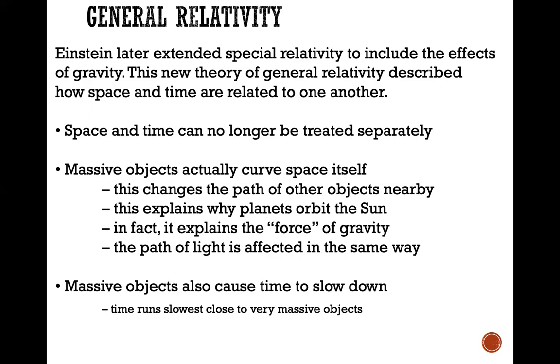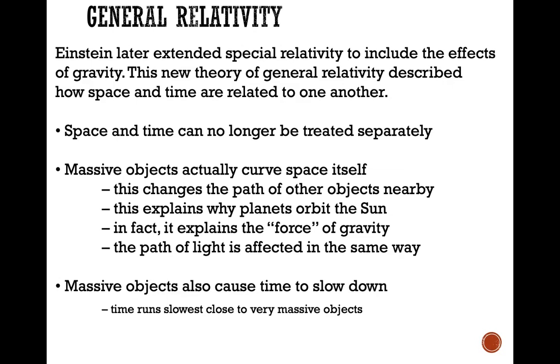And from this curvature of space-time, you can actually explain why planets orbit around the sun. We know that the planets' orbits around the sun can be explained using Kepler's laws, right? So that's what we learned. But it can be precisely explained using this curvature of space-time from the general theory of relativity.